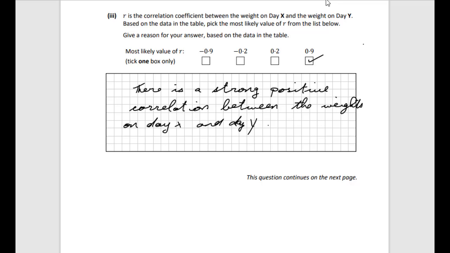It's definitely not negative, so it can't be these two, and it's not a weak correlation, it's a strong correlation between the two.